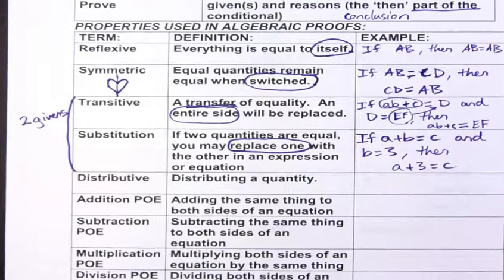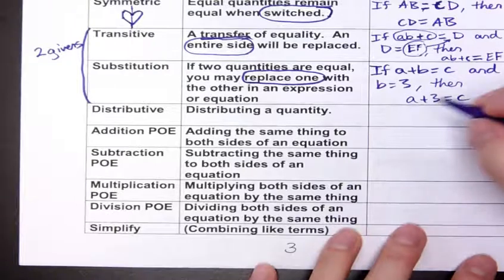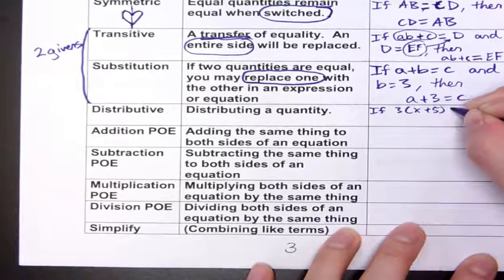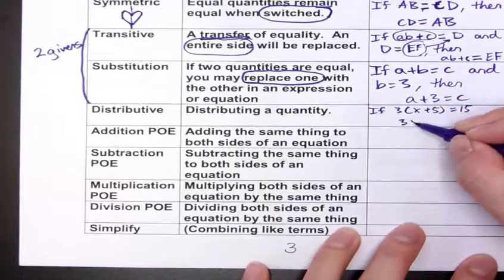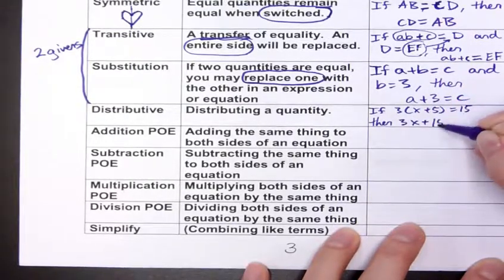All right, and then these next ones are just our basic math ones. So distribution is if I have 3x plus 5 equals 15, then 3x plus 15 equals 15.